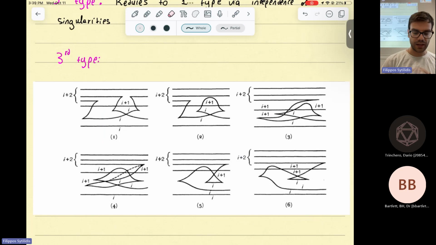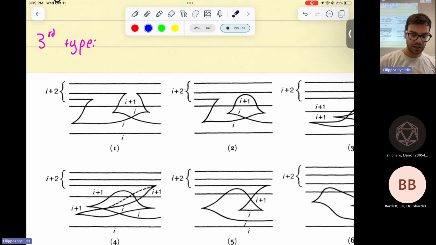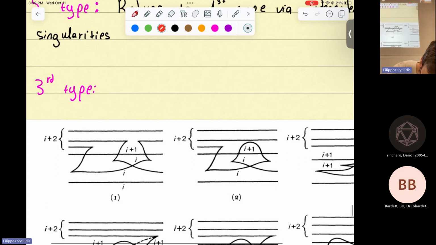And we are going to worry about now this picture. So the first thing that we do is this merge move. We have those two cusps here, and we merge them together. It's this move.